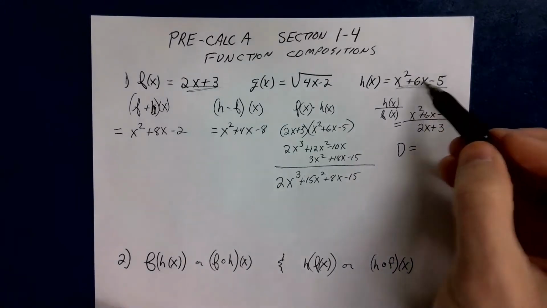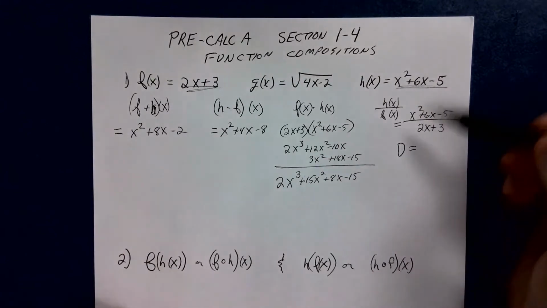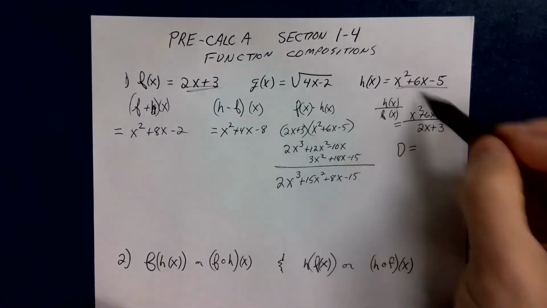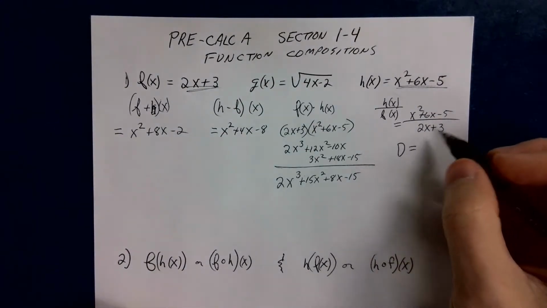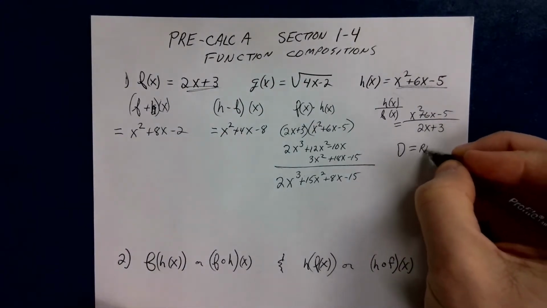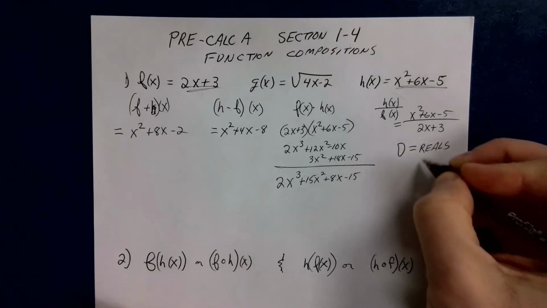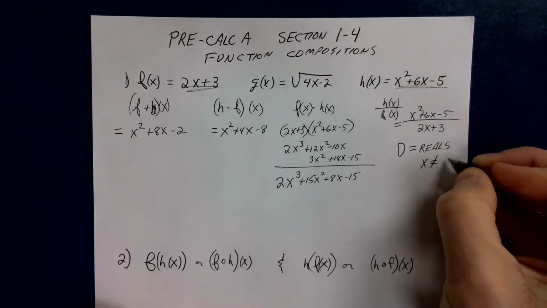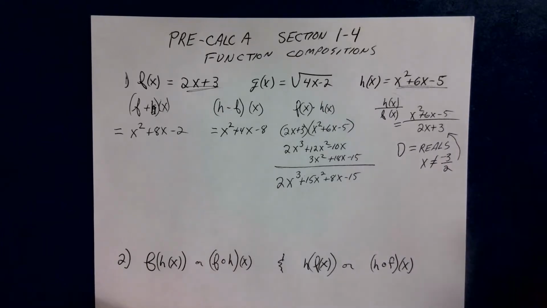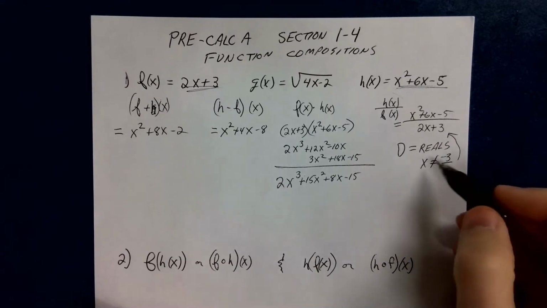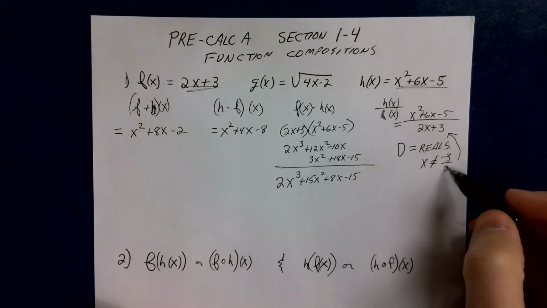So just because you start with two things doesn't mean that the domains of their new process is still going to be. So the domain of this one is all reals, except x cannot equal negative 3 halves. Okay? Because that would give you a 0 in the denominator, and you guys know that that's a vertical asymptote right there. So all reals except for negative 3 halves is in that domain.